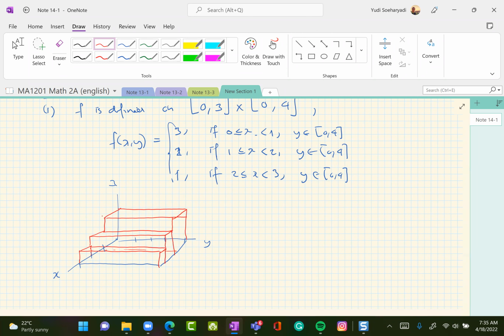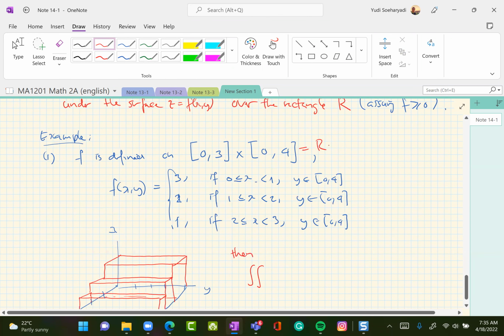Okay, so in this case, this integral is over our R.